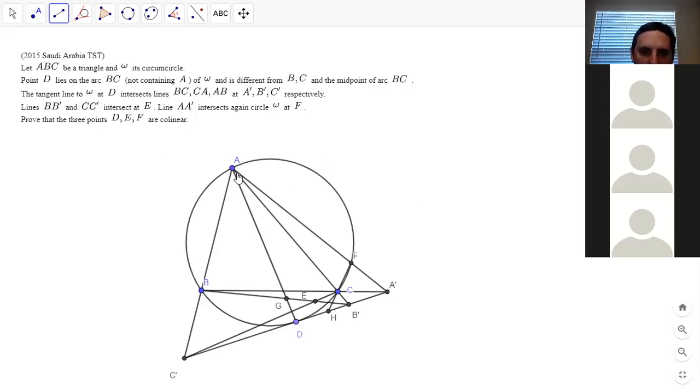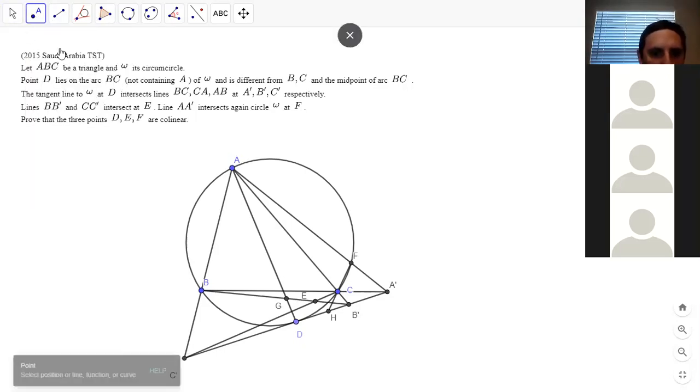Showing that D, E, and F are collinear, if that were true, then maybe we could define this point here.